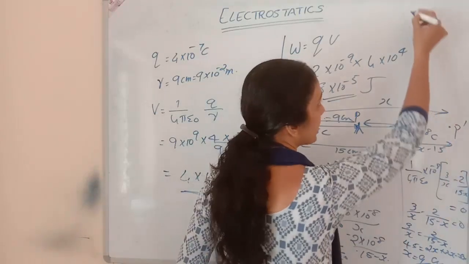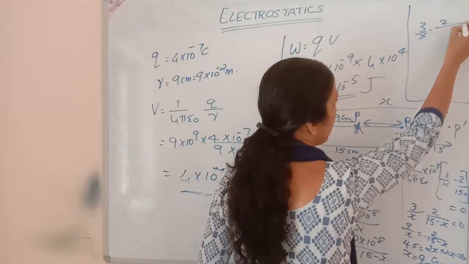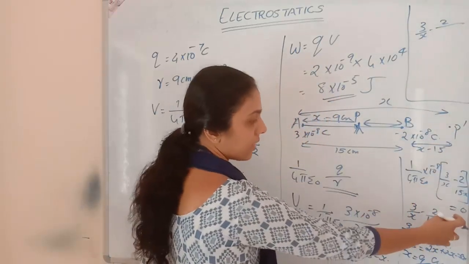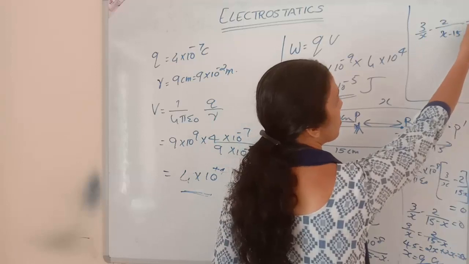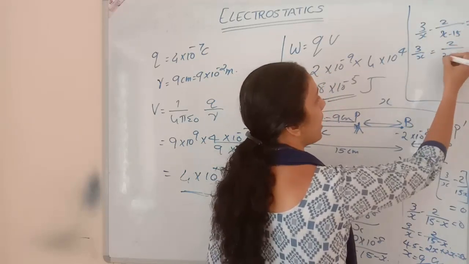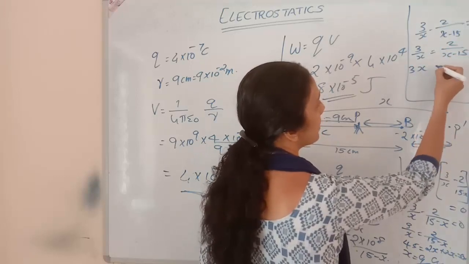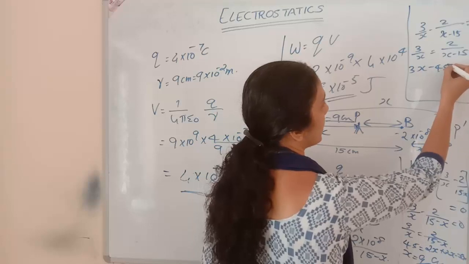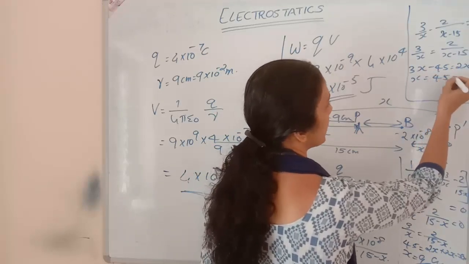Instead of 3 by x minus 2 divided by 15 minus x, we get x minus 15. This will be equal to 0. So we get 3 by x equals 2 by x minus 15, that is 3x minus 45 equals 2x. So x is equal to 45 centimeter.